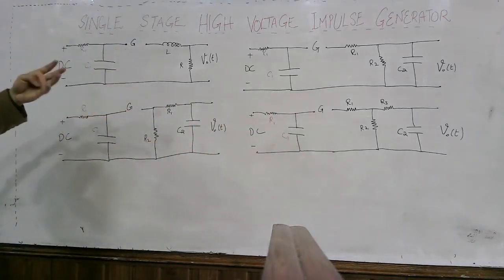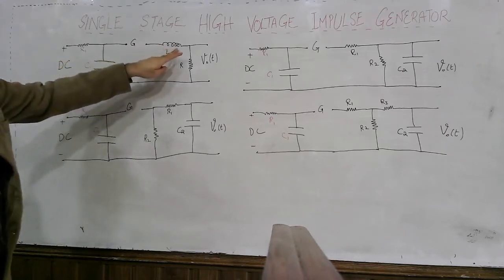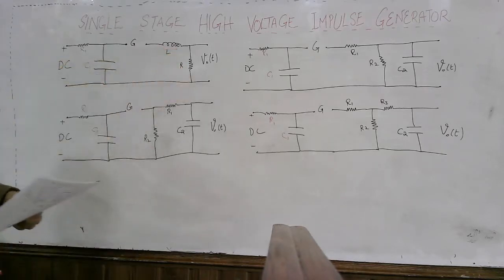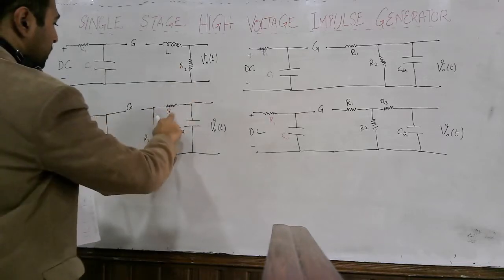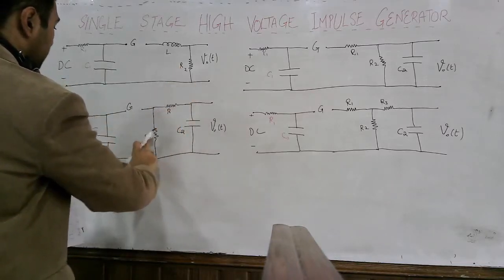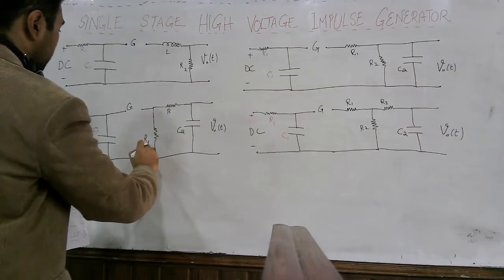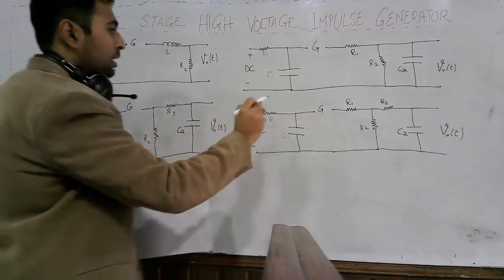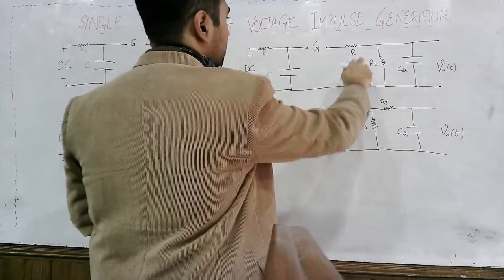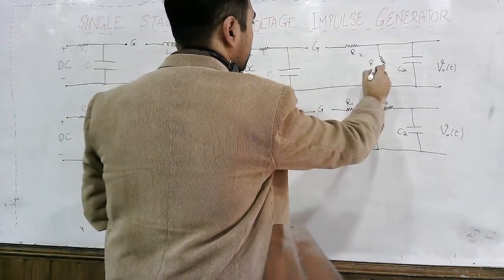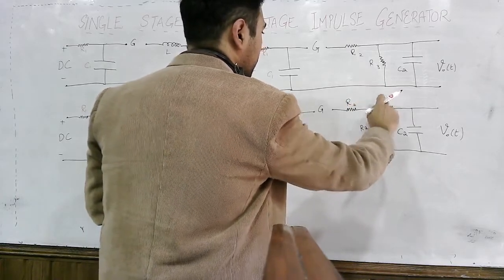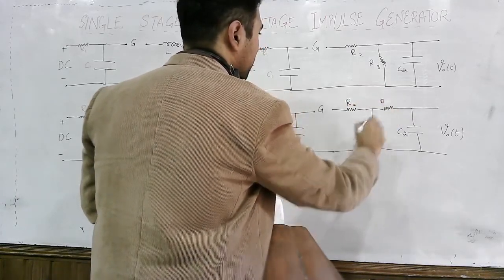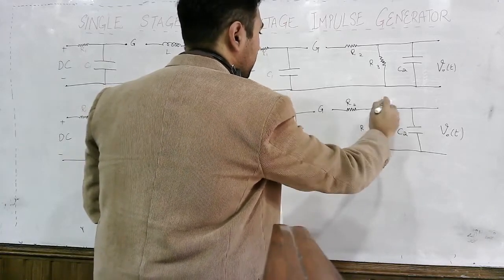What's next in the modification is that here you have an inductor and a resistor. Let us name them R2, R3, and R4.